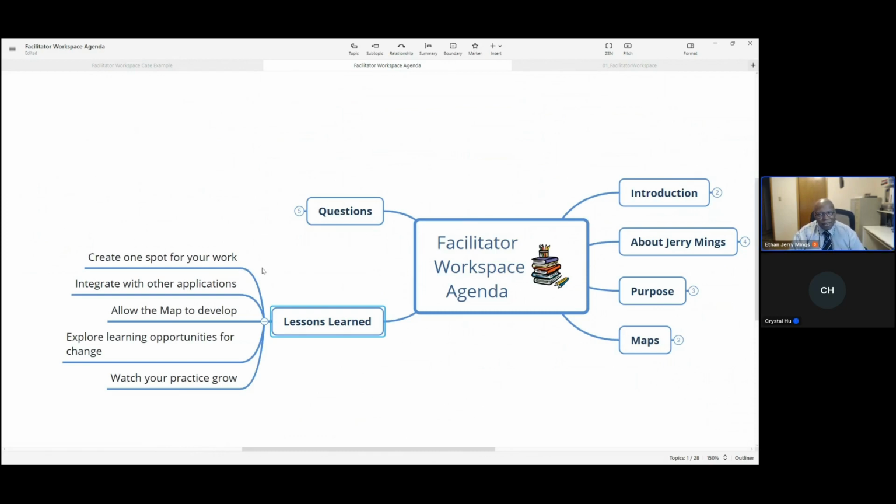It gives you a great opportunity to explore learning opportunities for change. You can think differently about the work you're doing and why you're doing it. And I think the other thing is you'll find your practice will grow. When you get into a framework where you're using a standard map template to deal with the dynamic nature of work, you can figure out patterns after a while, where you're learning, where you're seeing something that looks different than you've seen before.